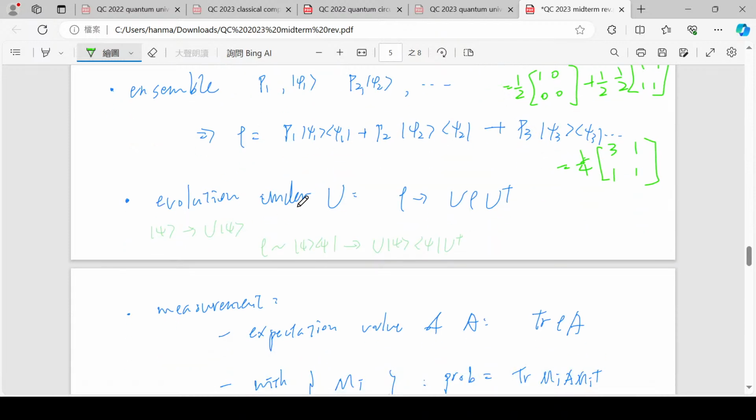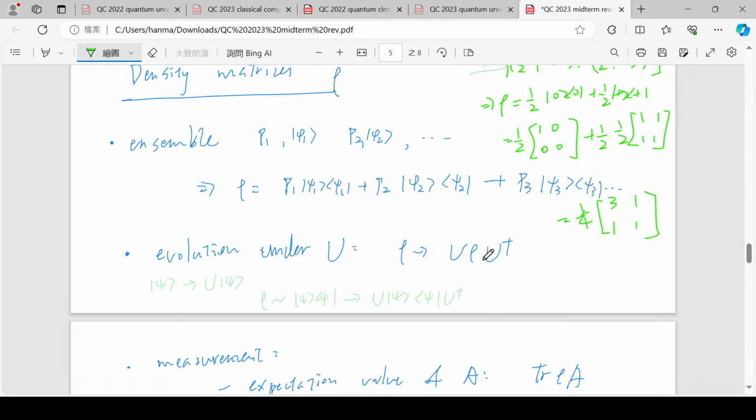If you evolve the ensemble under some unitary, then the density matrix becomes U rho U dagger. Because you think about psi getting evolved by U to become U psi.